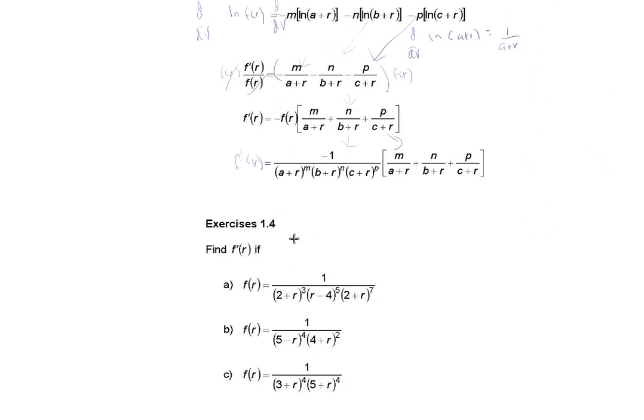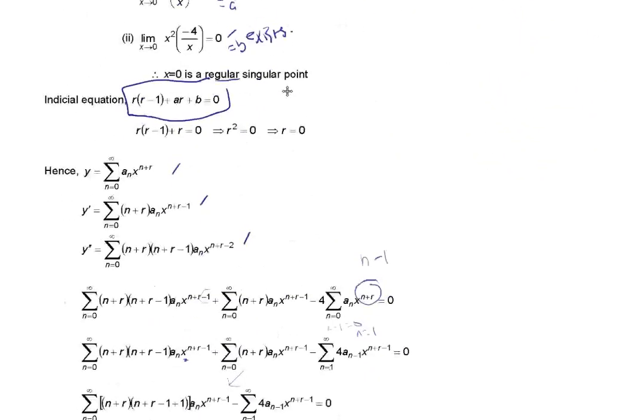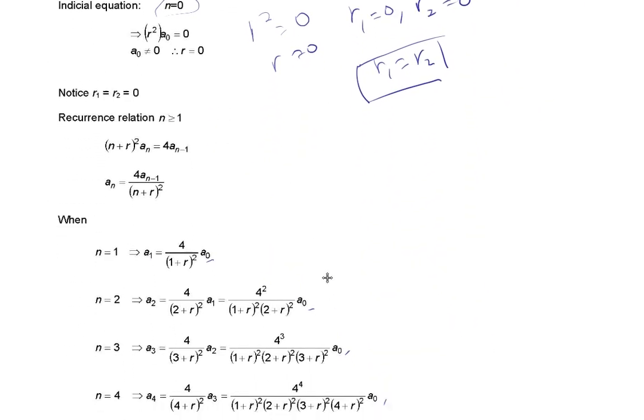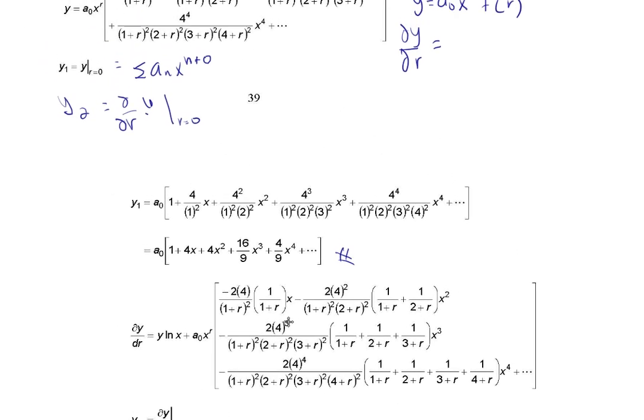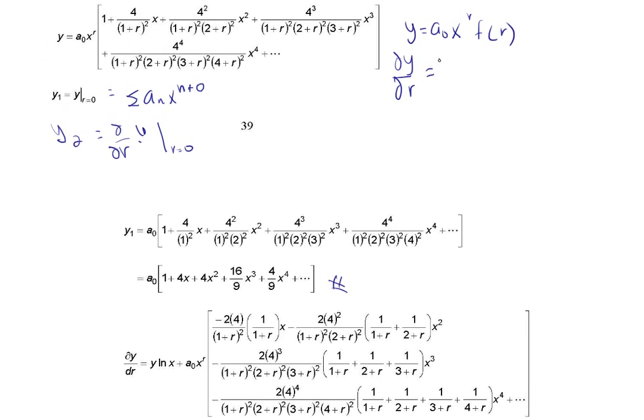Okay, so this is what we got. dy/dr equals y ln x plus a naught x^r f prime(r).